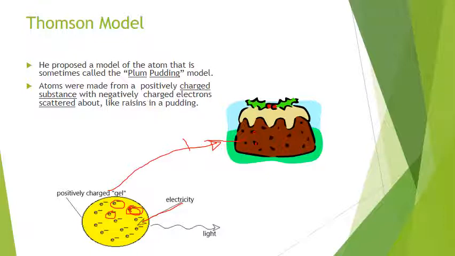So he said the rest of it was equal positive charge, and he didn't call them protons or anything like that. So if there are like 15 electrons in here, there would be a positively charged gel. So it's still solid, and you have electrons embedded inside this atom.